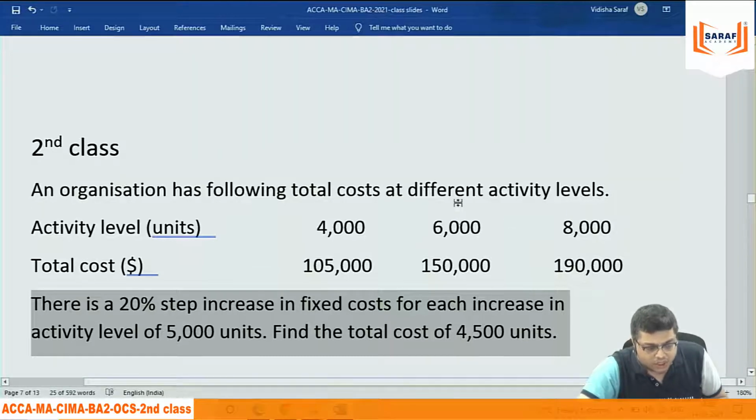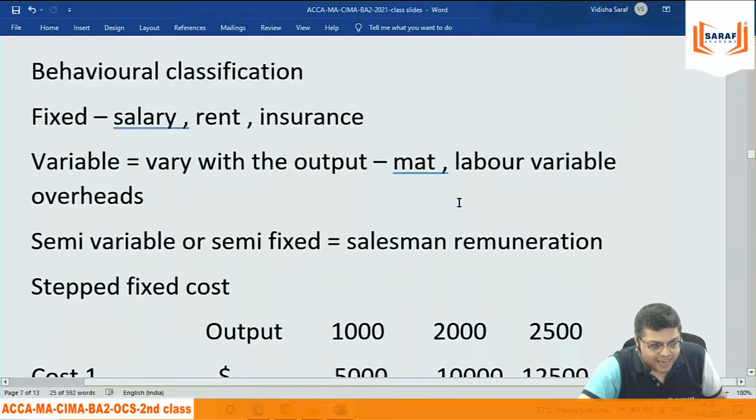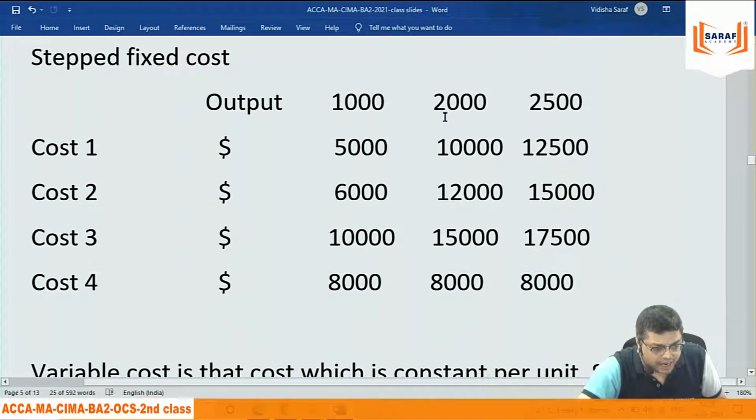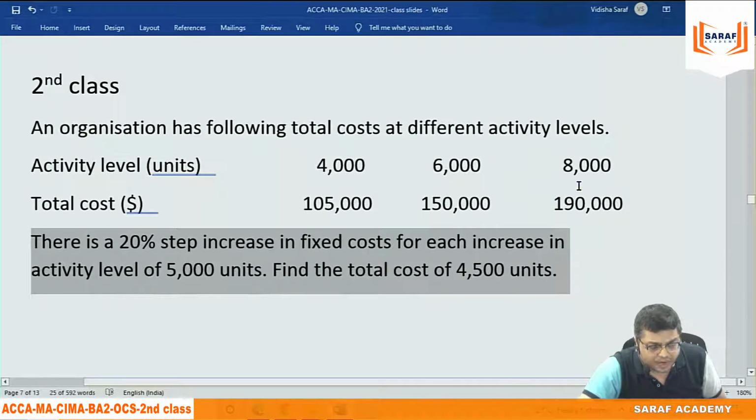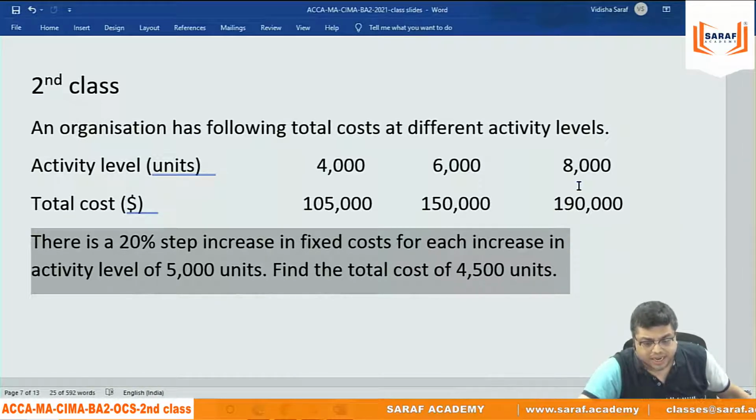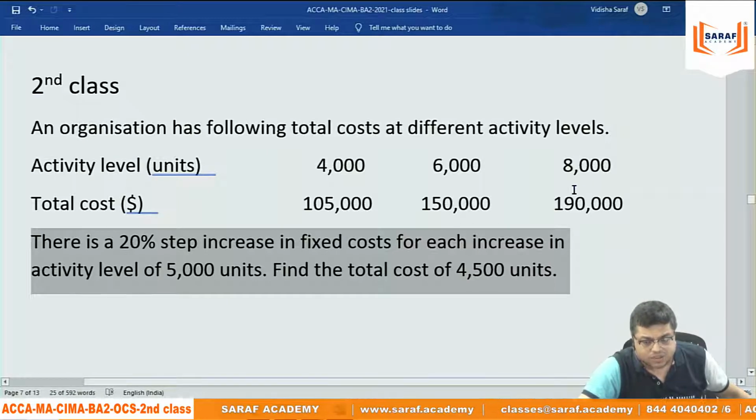Now in this question, the question which I gave, at all 3 levels the fixed cost was coming 15,000. But if you calculate at 8,000, 8,000 into 22.5 is 1,80,000. 190 minus 180, it is not coming 15,000.